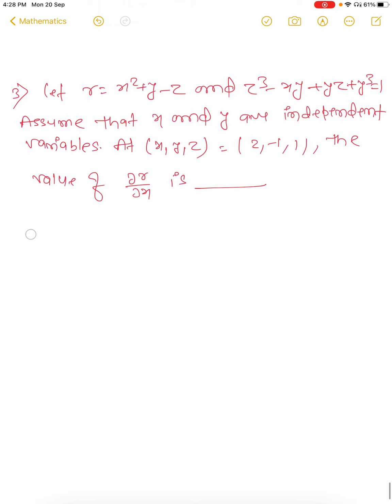Okay, so r is given, and x and y are independent variables at the given point, then we have to find out the value of del r upon del x. Okay, so let's see the solution.